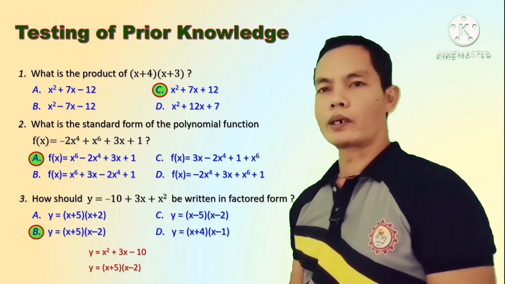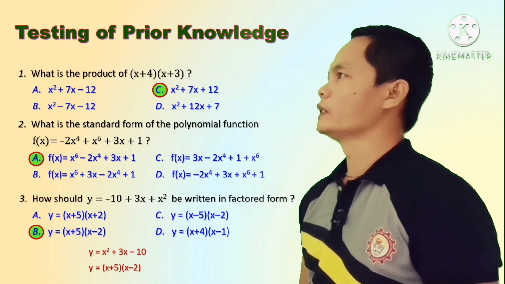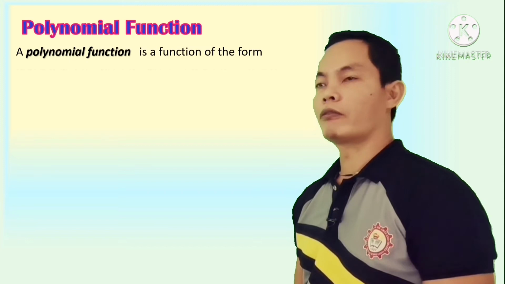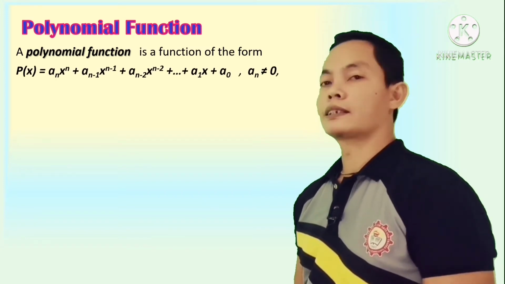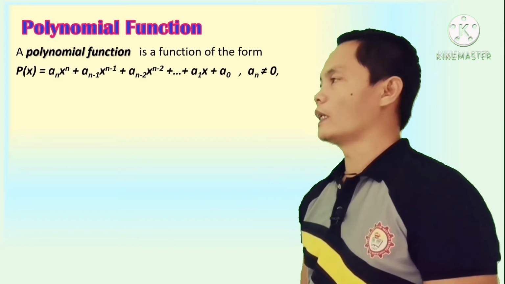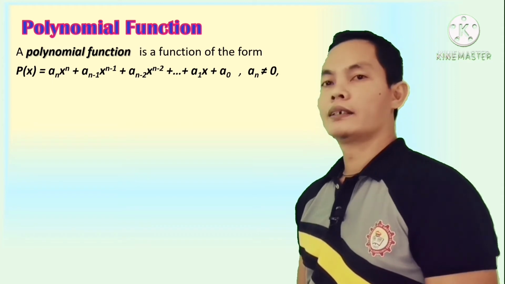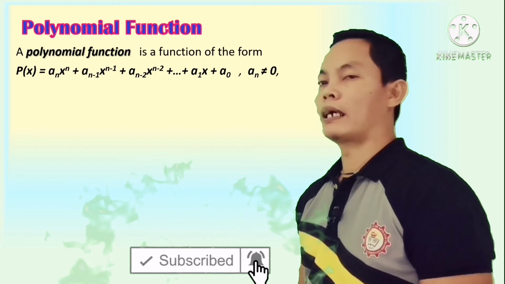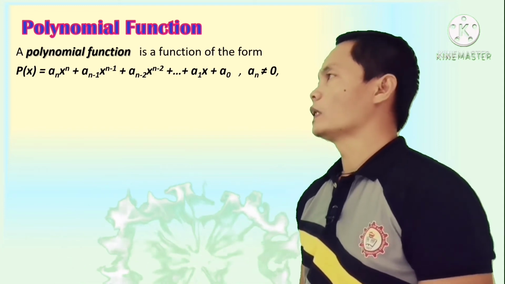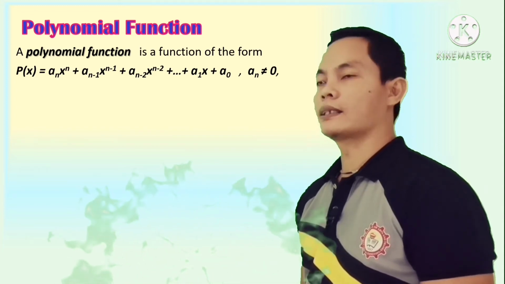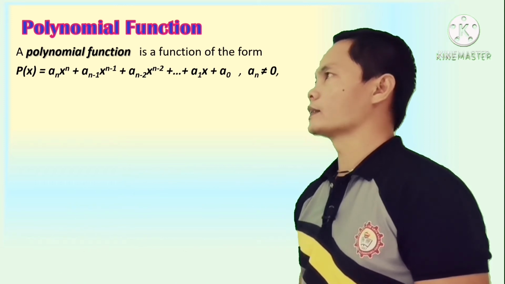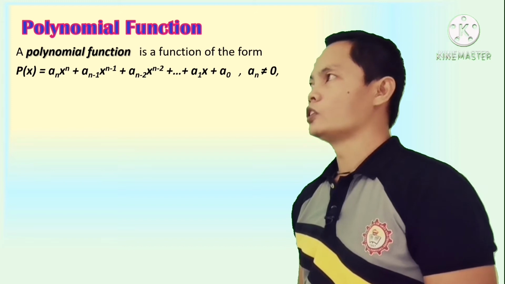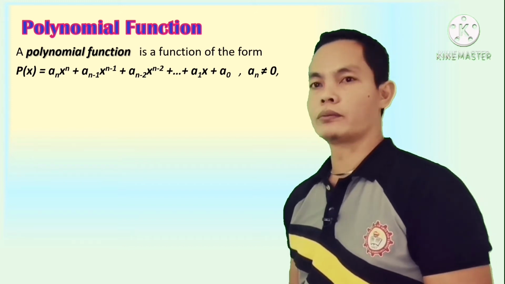Let us begin our topic for this video. A polynomial function is a function of the form p of x equals a sub n x to the n power plus a sub n minus 1 times x to the n minus 1 plus a sub n minus 2 x to the n minus 2 plus a sub 1 x plus a sub 0, where a sub n should not be equal to 0.